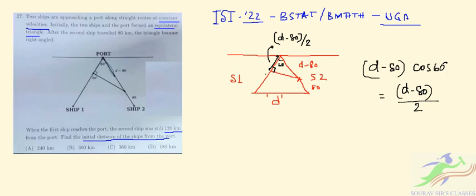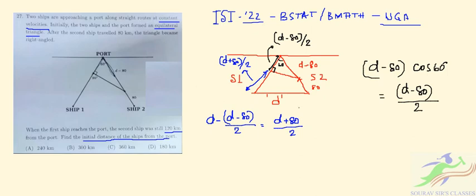In the case of S1, the remaining distance is D minus (D minus 80) by 2, which is simply (D plus 80) by 2. So this side is (D plus 80) by 2.